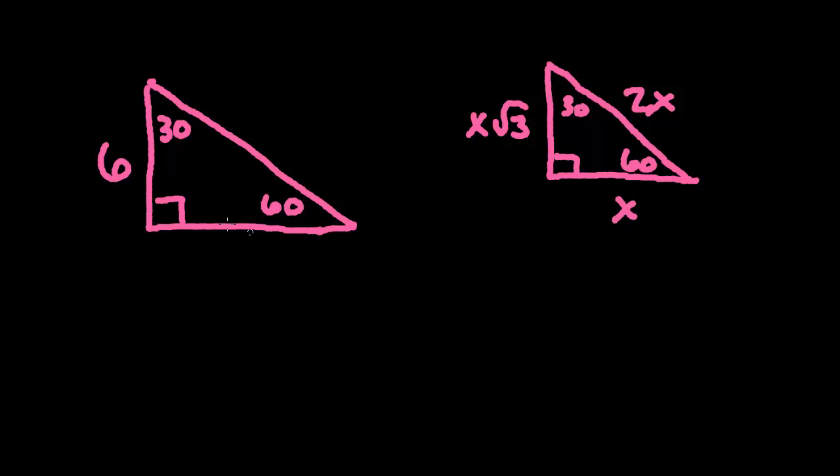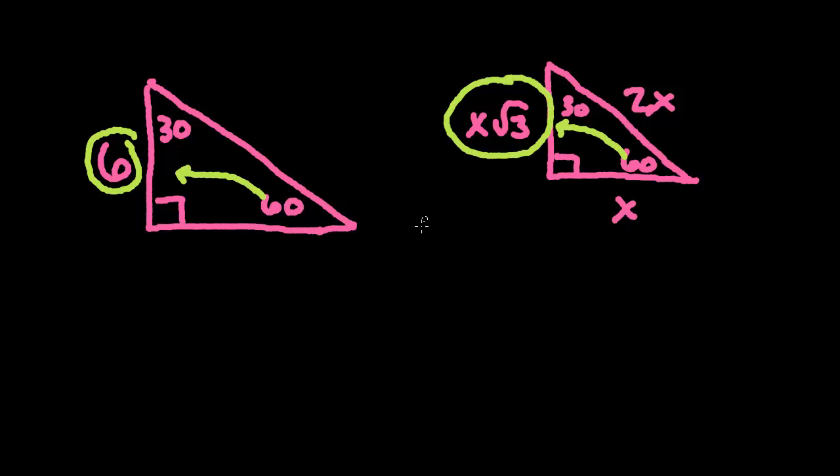So I can see that the side that I'm given here is the side opposite the 60, and the side opposite the 60 is x square root 3.